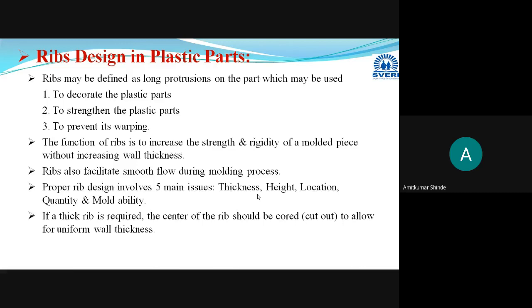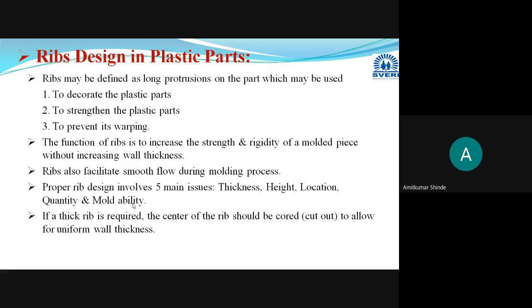Then, what should be its height? After that, where it should be provided, means its location. And then after deciding the location you have to decide the quantity. And you have to decide the moldability, or how it will provide the smooth flow.